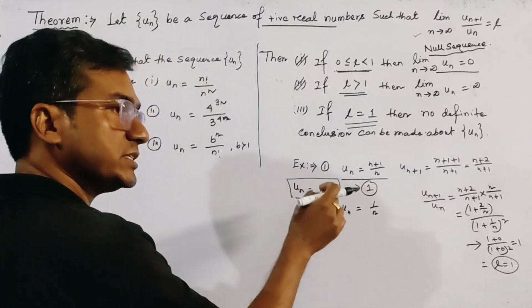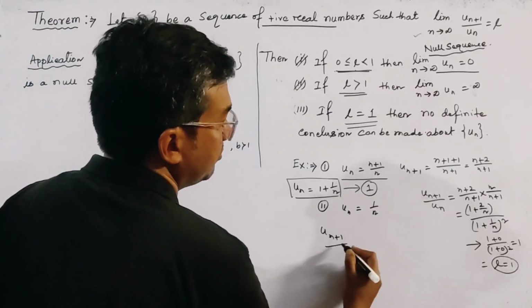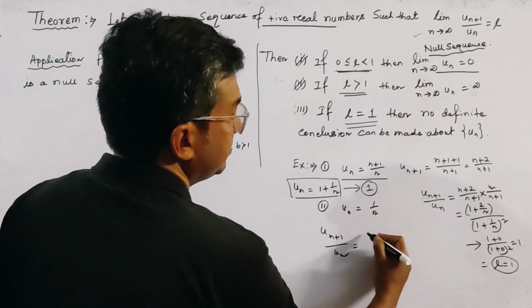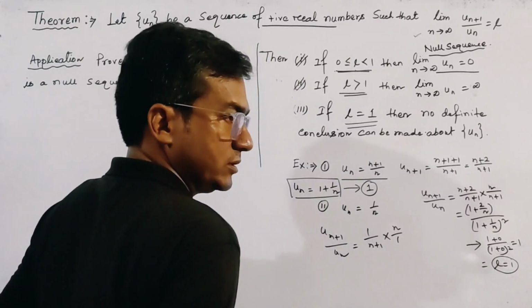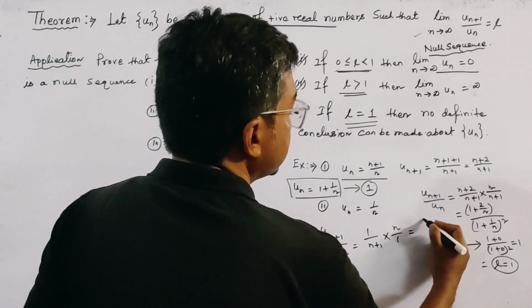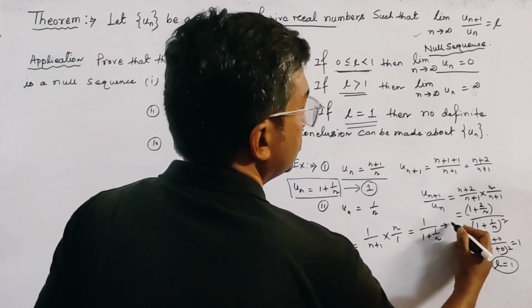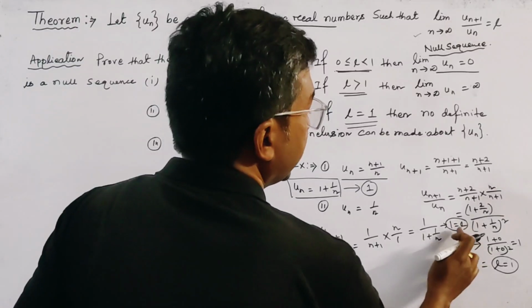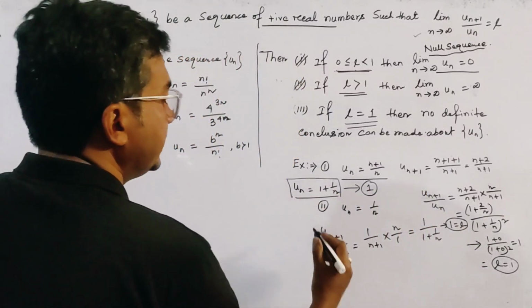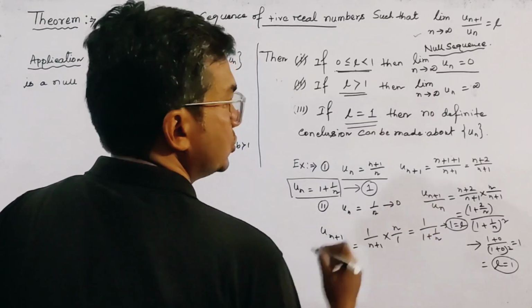But if we consider the second case, then un plus 1 by un is given by 1 by (n plus 1) into n by 1, and getting the result as 1 by (1 plus 1 by n), and this tends to 1. This is L. Here also we get L equal to 1. But in this case un equals 1 by n, which tends to 0.